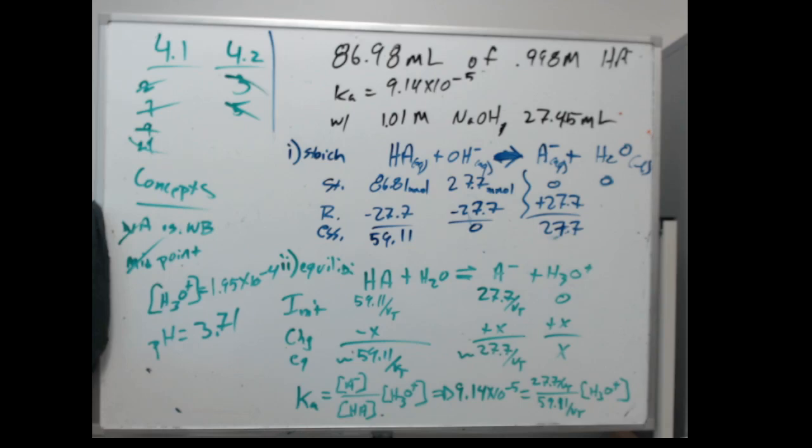Let me check something else real quick. 21.204 minus 11.33, 9.87. What's going on? A sample of generic monoprotic weak acid is titrated with... Let me see if I got a typo someplace.